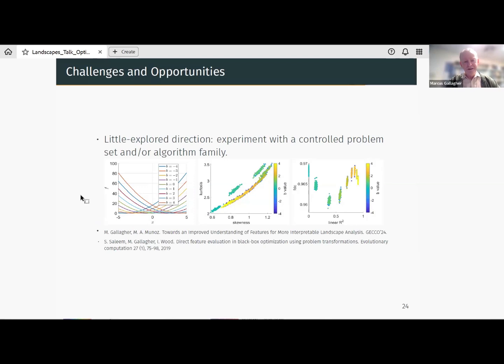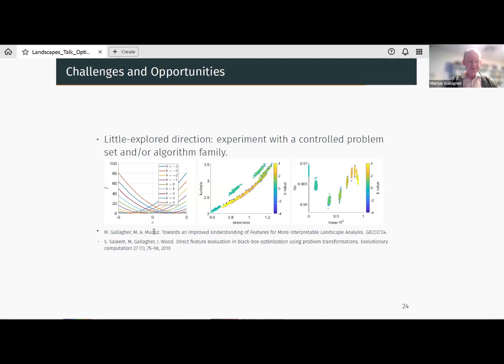One possibility, I think, is to control more the problem sets that we analyze by constructing problems where we have a known relationship that we smoothly vary, and try to get a bit more insight from that. For example, these are some pictures from a paper that Andreas and I had in GECCO 24.